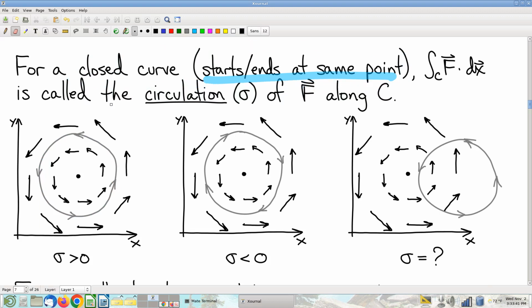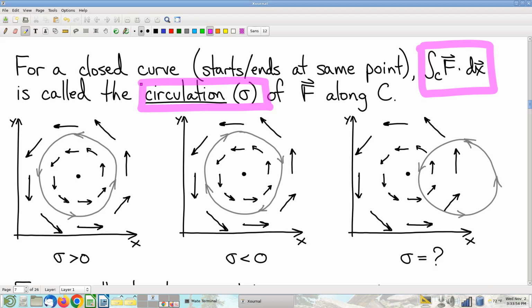So, in this case where you're looking at a closed curve, for this line integral we're going to give a different name to the interpretation, and the name is circulation. And I think this actually makes a lot of sense if you think about what's actually going on here. Keep in mind we have a closed curve.